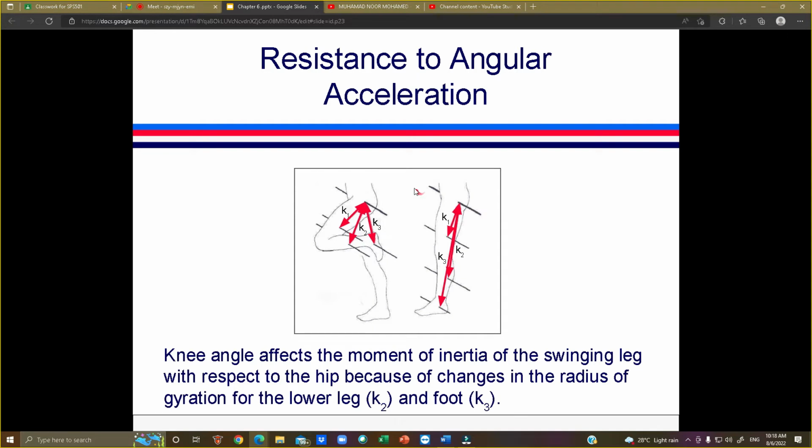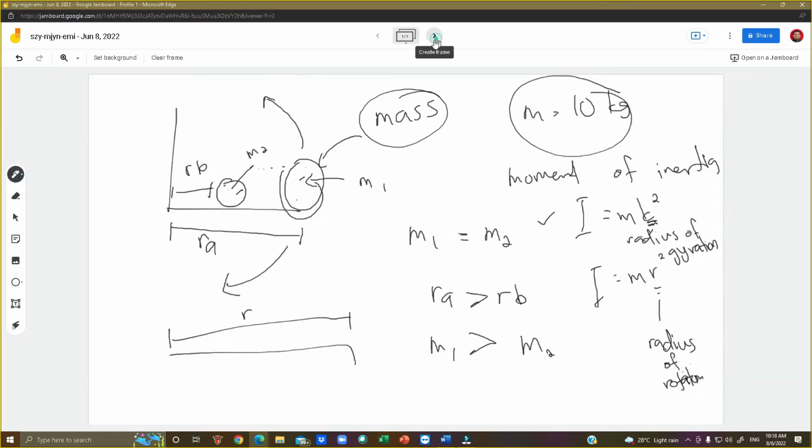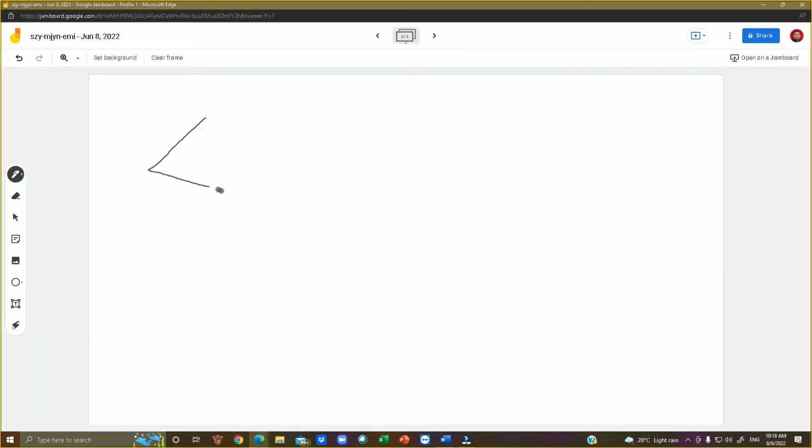Kita ambil dua kondisi ni, okay? So the first condition is your leg like this. The second condition is your leg like that. And the axis of rotation will be the head of the femur. Okay.